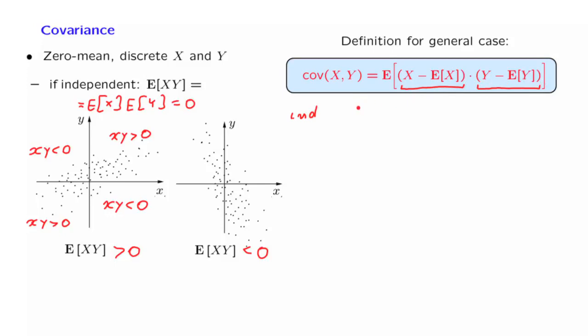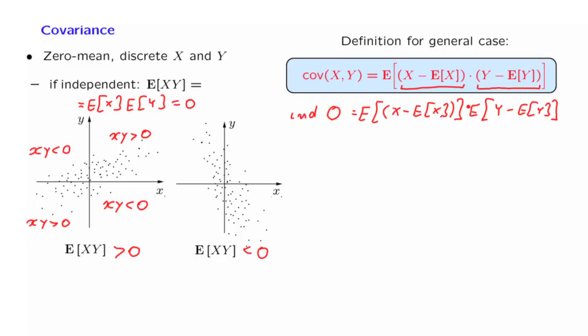And so the covariance is going to be the product of two expectations. But the expected value of x minus this constant is 0, and the same is true for this term as well. So the covariance in this case is going to be equal to 0. So in the independent case, we have 0 covariance.